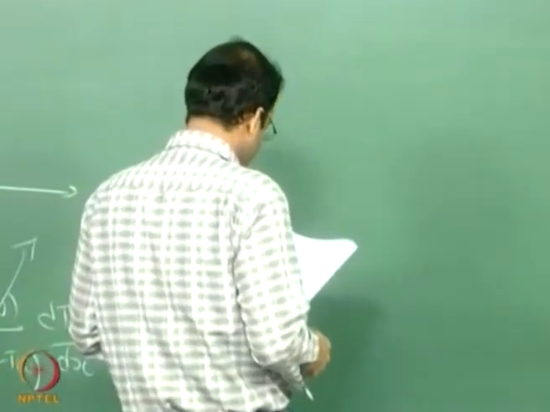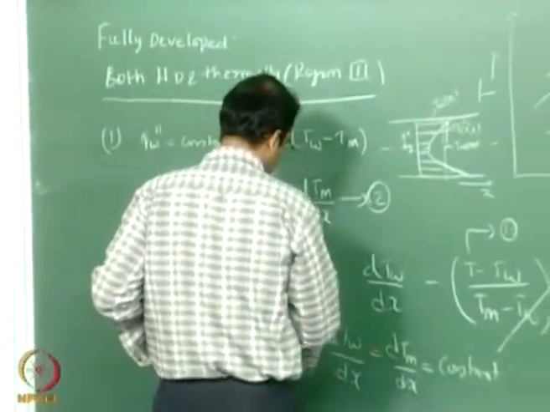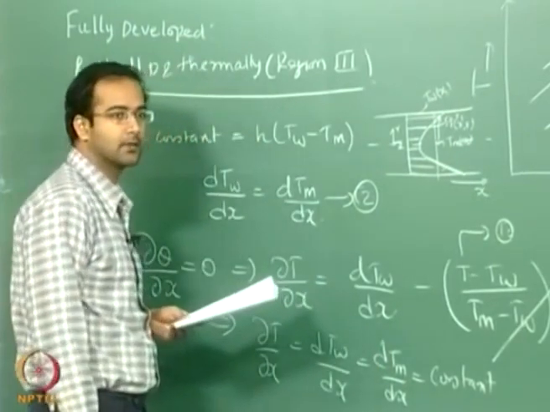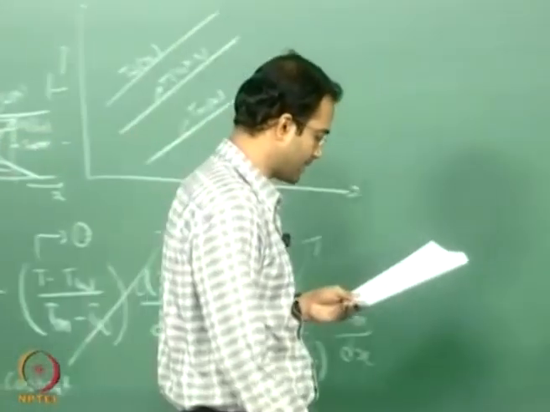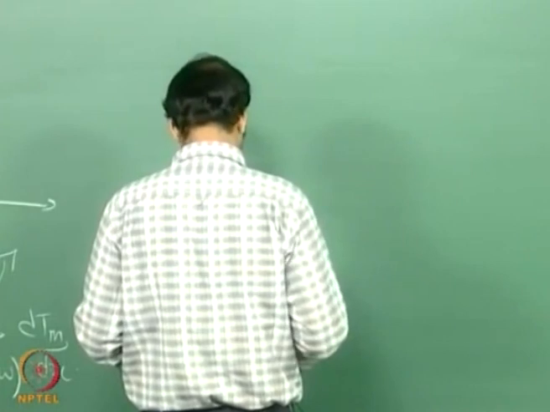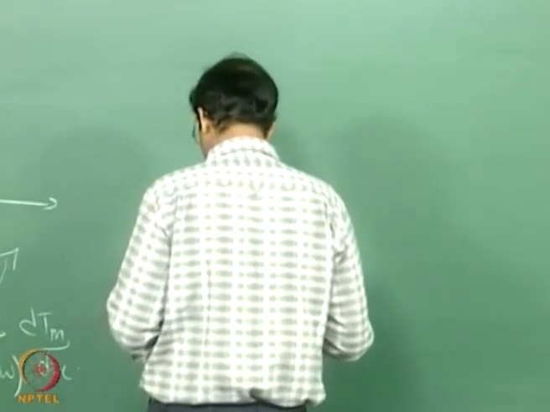If you substitute the fact that your dT by dx is actually a constant, equal to dT wall by dx or dTm by dx, into the energy equation, it becomes much easier to integrate the energy equation directly.